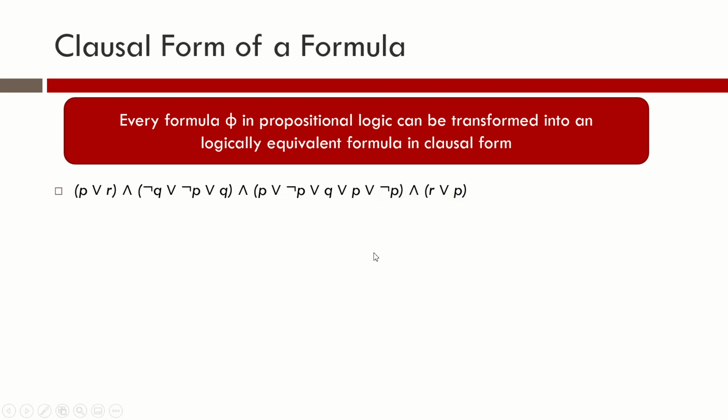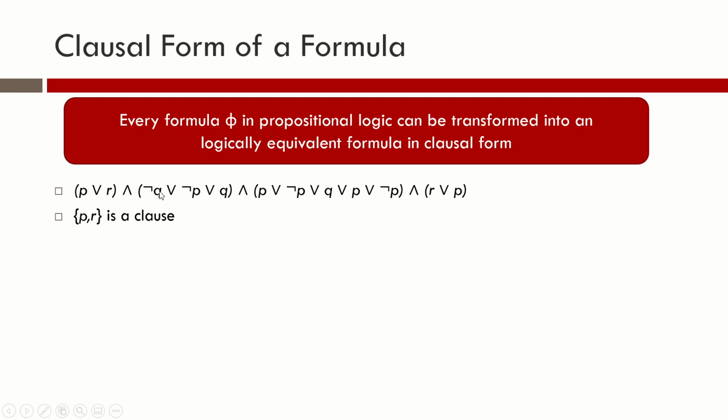To represent this in clausal form, each disjunction will be represented as a clause. So, P or R will be represented as the set {P, R}. So, {P, R} is a clause.